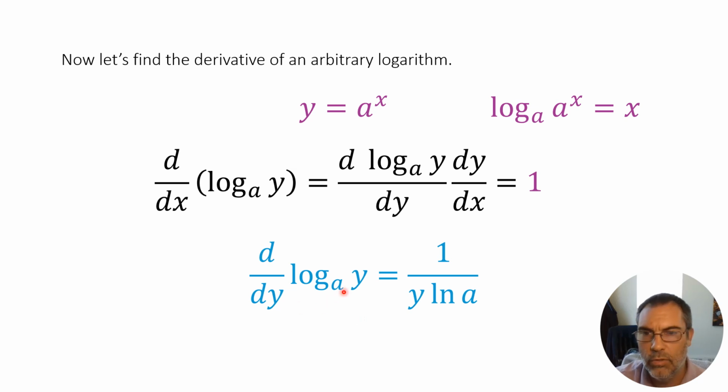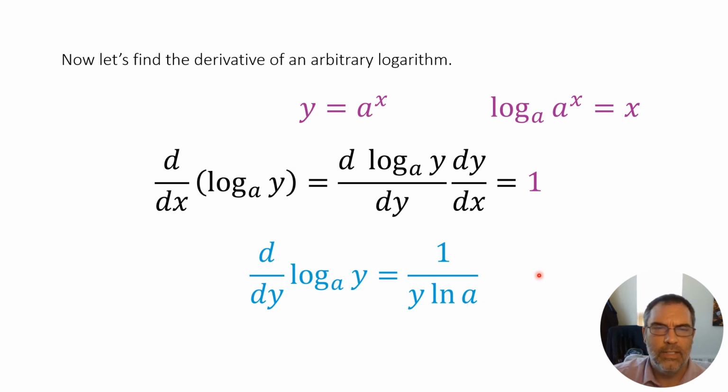And again, change y back to x once you've got your inverse figured out. So the derivative with respect to x of log a x would be 1 over x times log a.